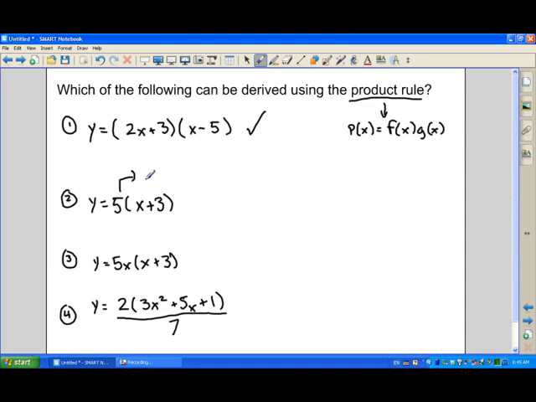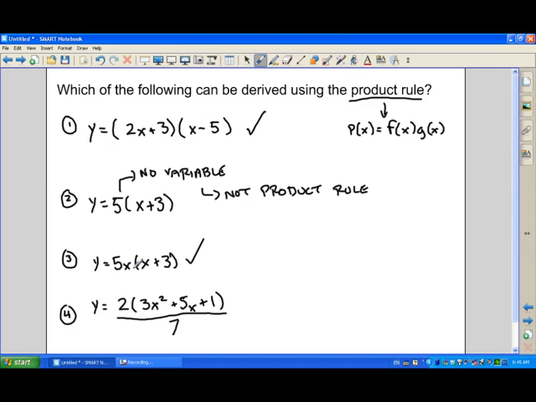If I compare this to question 2, I have 5 times x plus 3. Well, that first function, that first term, has no variable. So I would not use product rule. In the third question, I have the function 5x being multiplied by the function x plus 3.